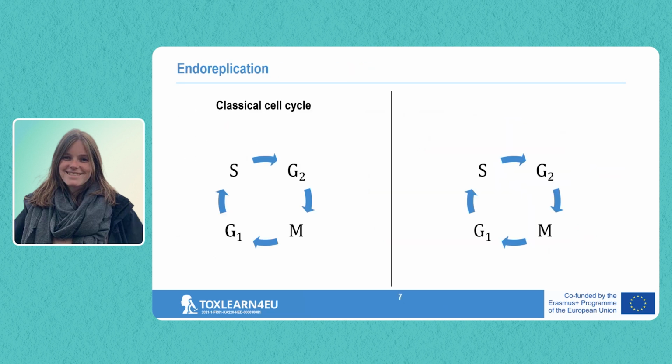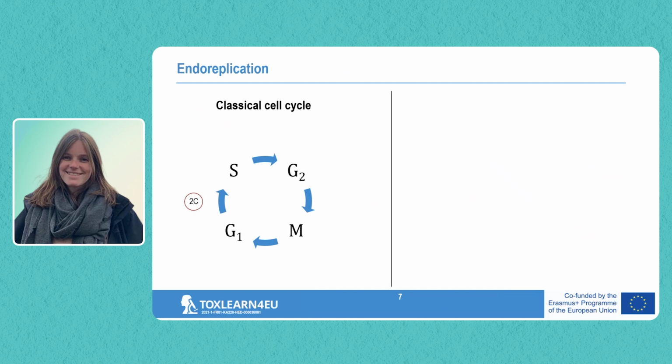Now here on the left, we will have another look at this classical cell cycle with the 4 phases I just mentioned. But what's very important now is that we will have a look at what happens to the DNA content of the cell during these different phases. So we start off here with a cell with a DNA content of 2C, where C represents the haploid DNA content.